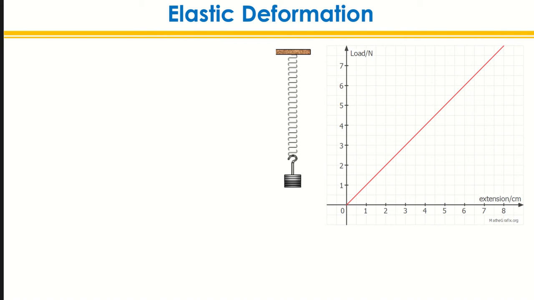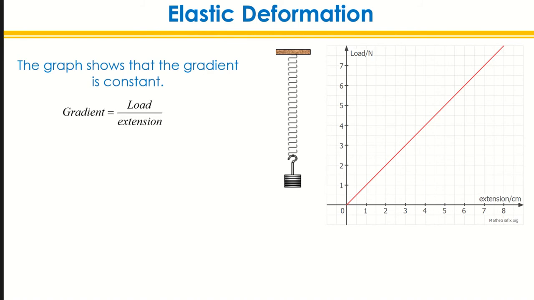If we take the gradient or the slope of this graph, we get load divided by the extension. This quantity is very useful for springs. So this load divided by extension is called the spring constant of the spring, and we can represent it with small k.